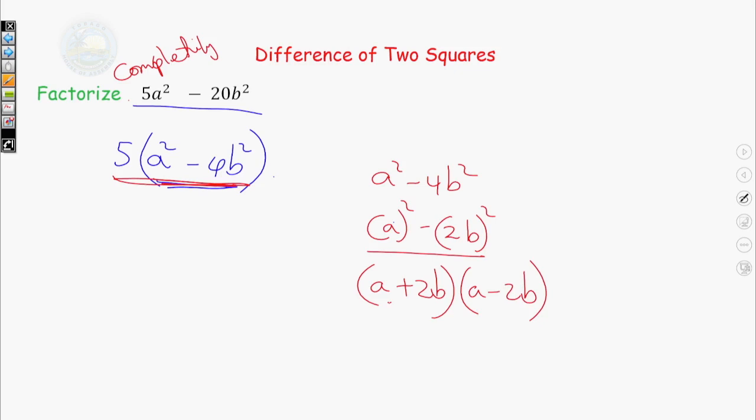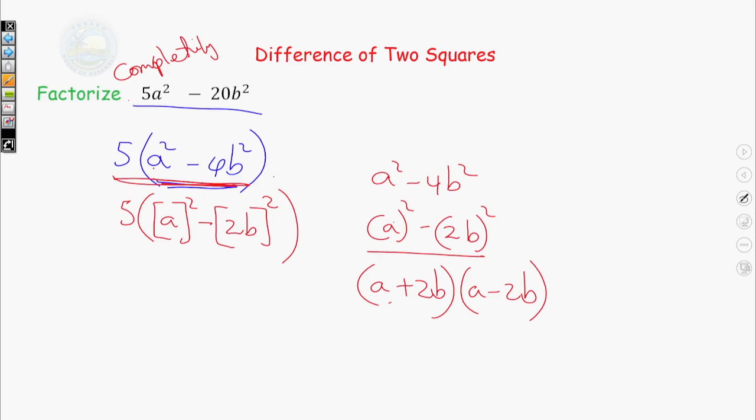So what we shall do is attach to this 5, and then I'll use some square brackets here. Using some square brackets, it is going to be a squared minus 2b, using my square brackets, squared. So that's what I have. A squared is a squared, and 4b squared is 2b all squared.